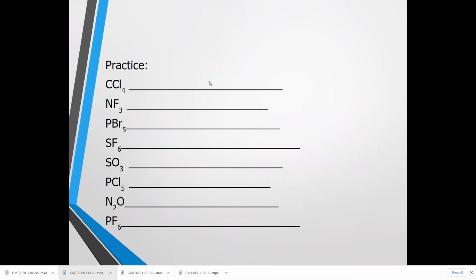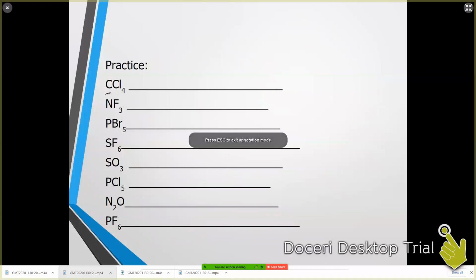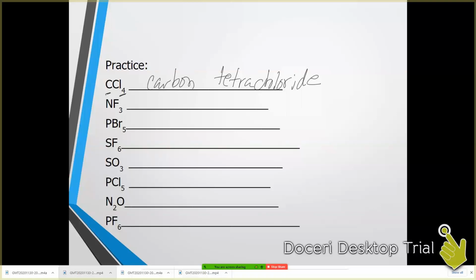All right, so let's look at some practice here. First one, carbon. Only have one, but I don't put monocarbon. I just put carbon. No change to the ending, just like it is on the periodic table. The second one always has a prefix. 4 is tetra. And then chlor would be the root, and then ends in "ide."